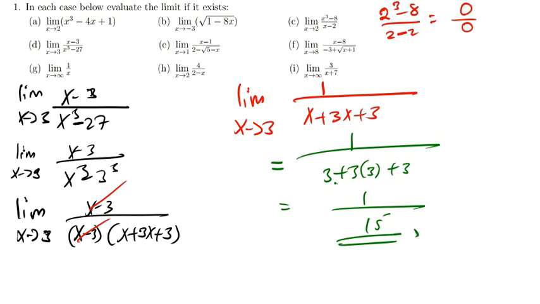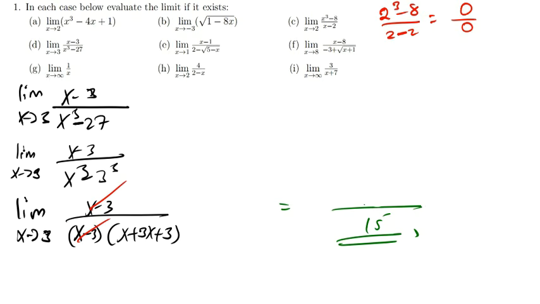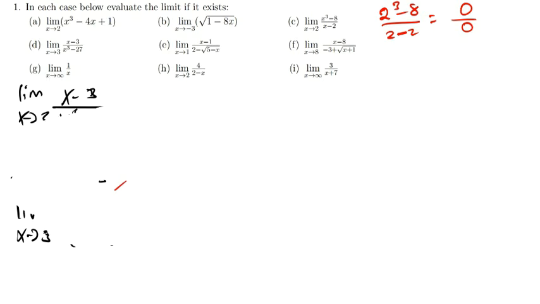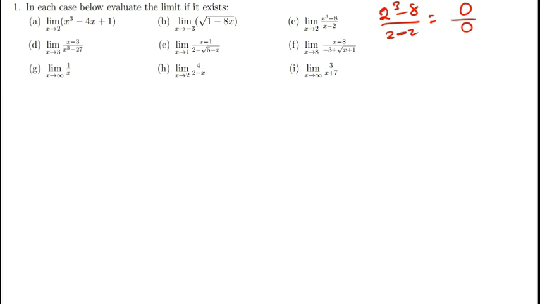Okay, so that is it for part D. Now we have jumped to another part of limits, which is part E. Part E is saying the limit as x is approaching 1 of x minus 1 divided by 2 minus the root of 5 minus x.